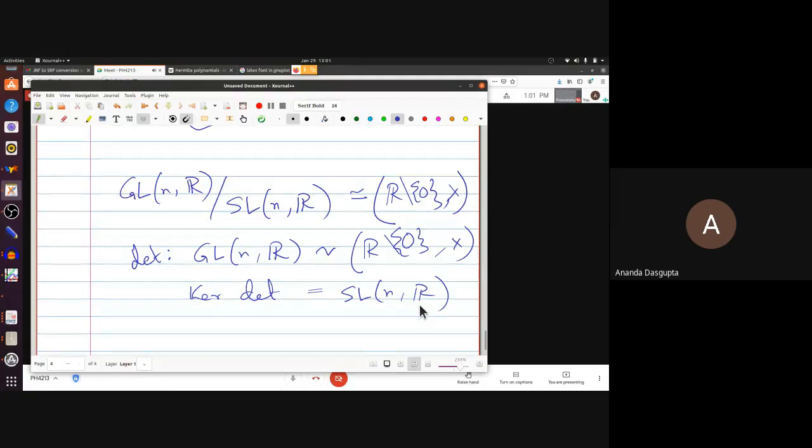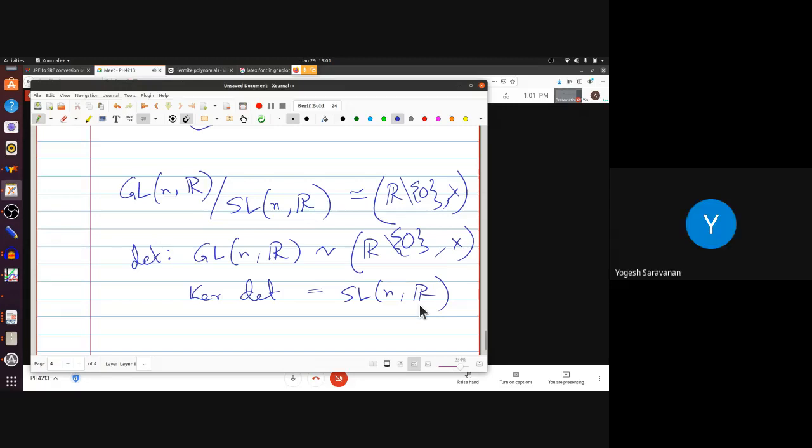The kernel of the det map is simply all the elements of GLNR which map onto the identity of R minus 0 under multiplication, and that identity is the number 1. So the kernel of the det map is those matrices which have determinant 1, which is exactly what SLNR is.